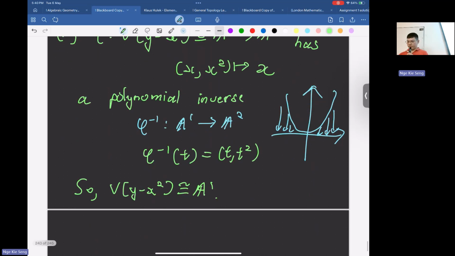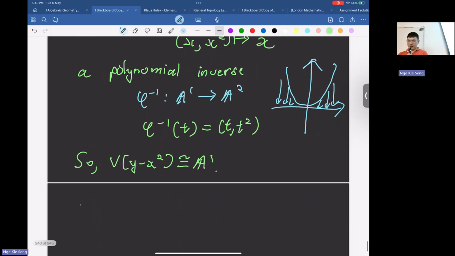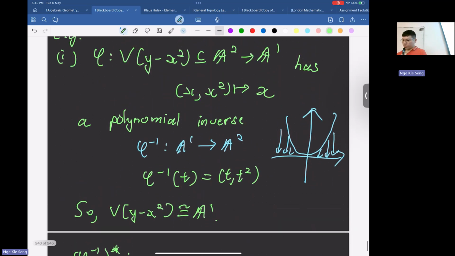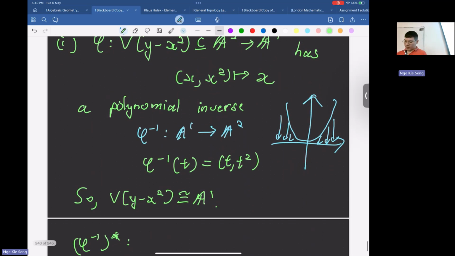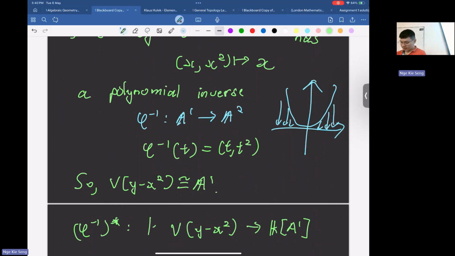So let's look at phi inverse star. Phi inverse star goes from where to where? Opposite, right? So it should go from the coordinate ring of V(y minus x squared) to the coordinate ring of A1.